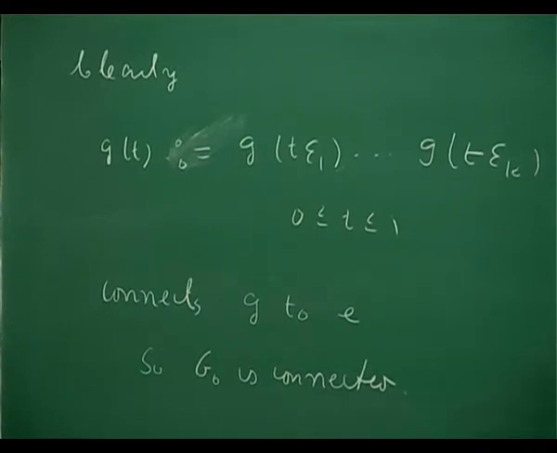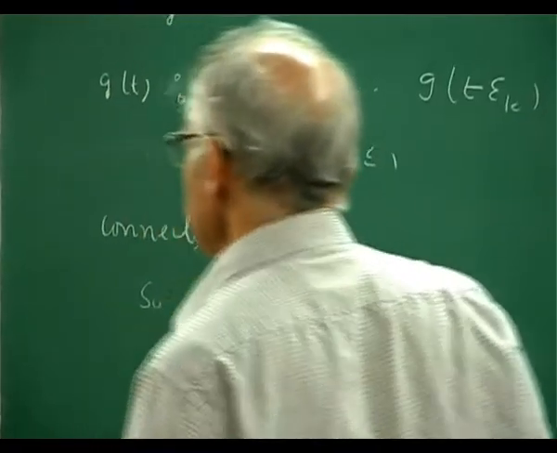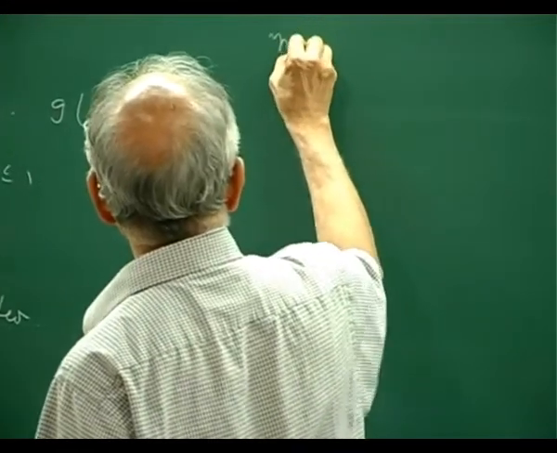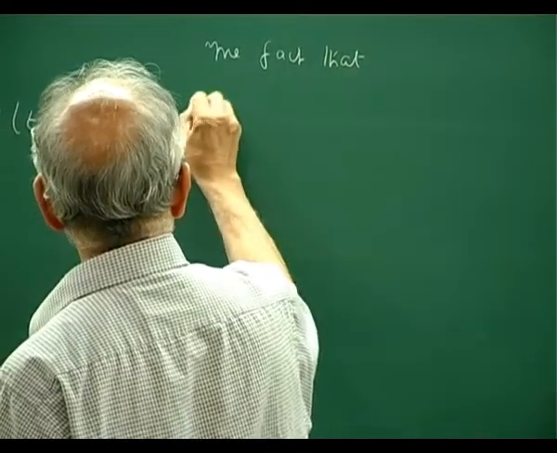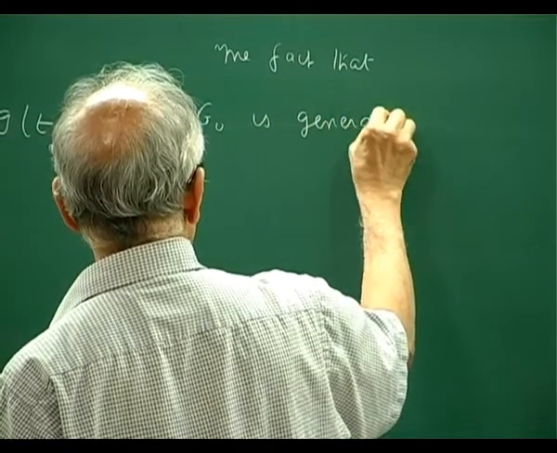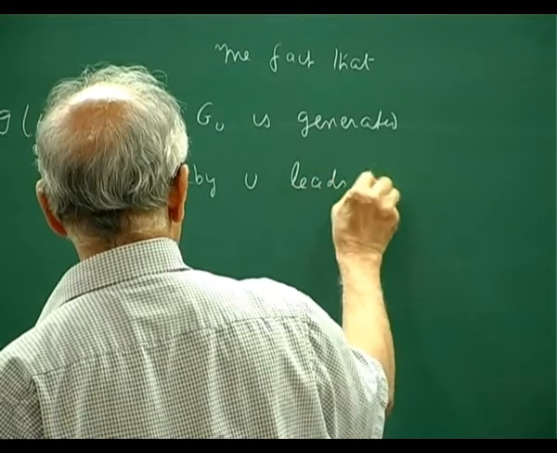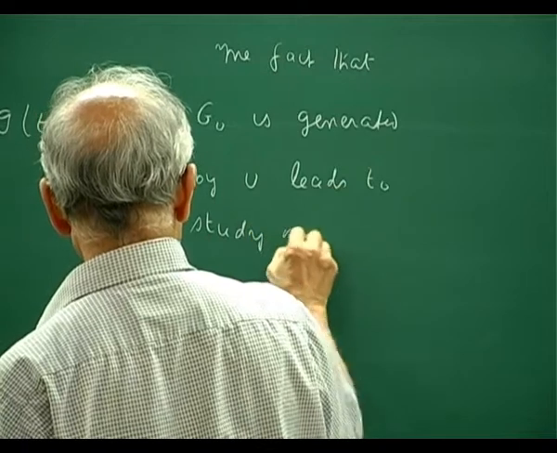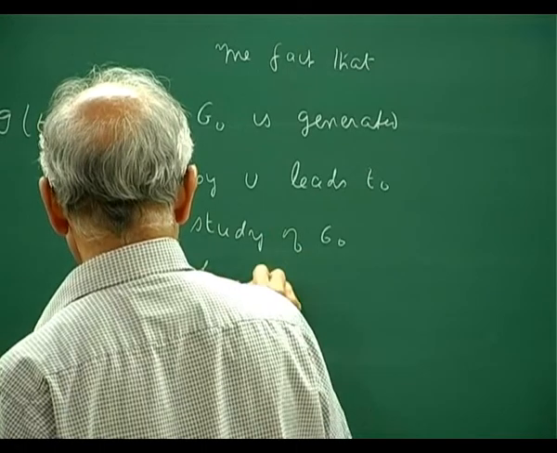Okay. So the importance of this is the following. The fact that G0 is generated by U leads to the study of G0 from the neighborhood of identity.